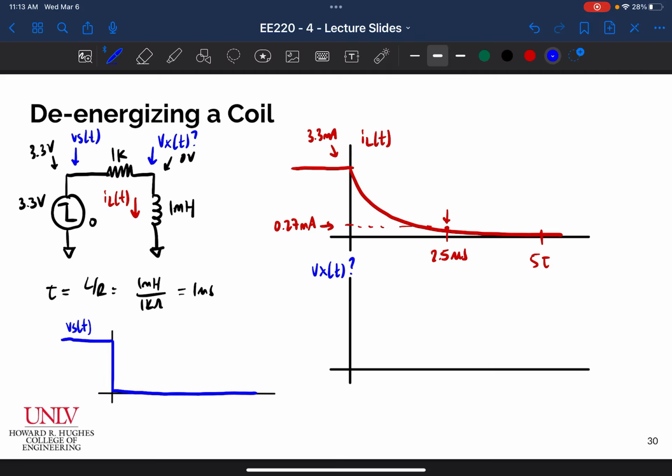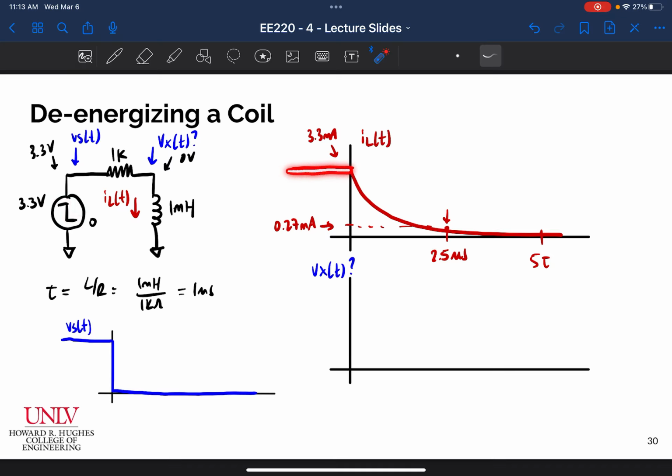Let's just examine what happens here. First and foremost, I know that my inductor is a short during DC, and that's the reason why I have 3.3 milliamps flowing during this startup time before the pulse source actually pulses.